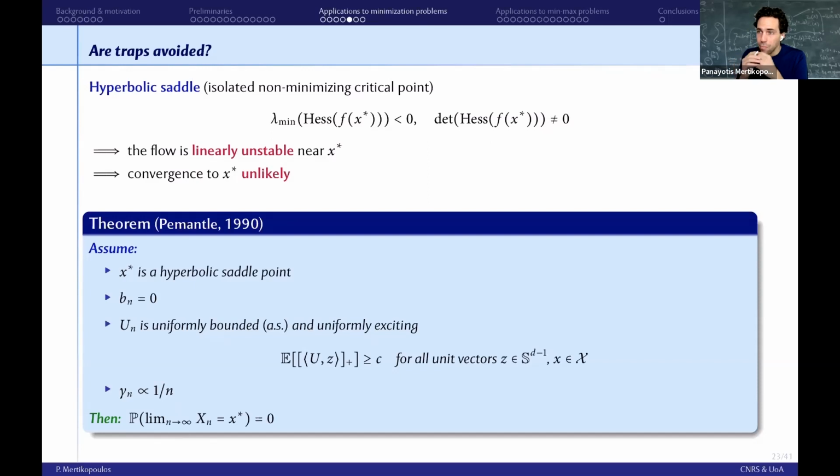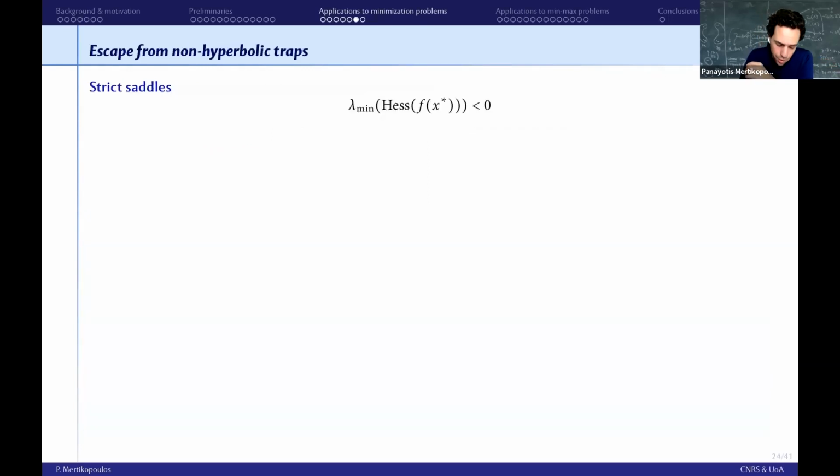All right. So this was the basic result, in a sense, for a lot of time. We need to fast forward around 25 years to get to a different type of theory for non-hyperbolic saddle points known as strict saddle points.